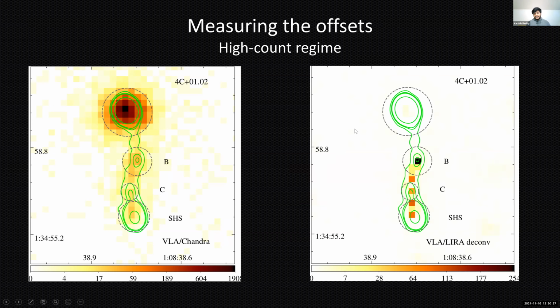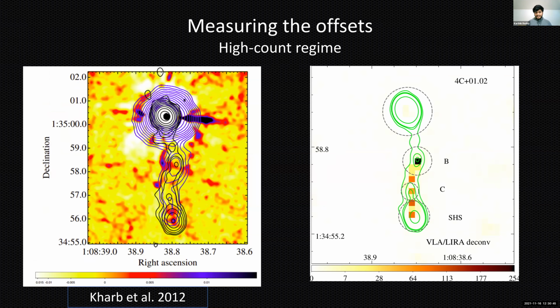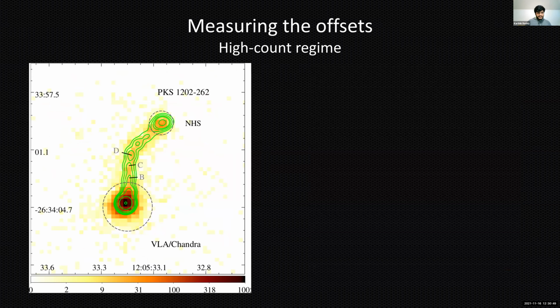So in this particular source, it shows a double peak structure in the hotspot region, which was previously known to exist from the optical data. There was another source where, if you look at the brightness profile in the X-rays for this jet, it shows a roughly flat profile.